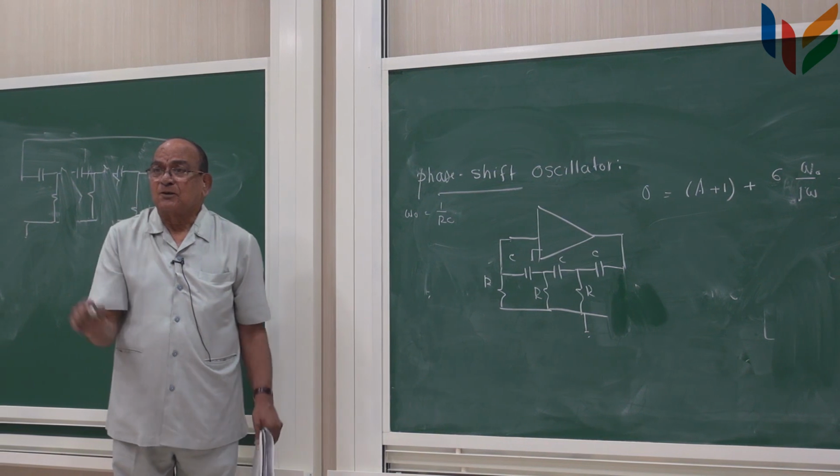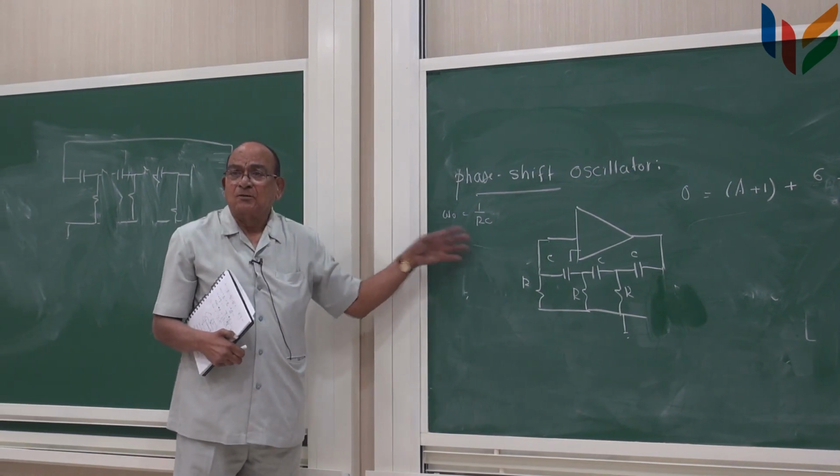This omega naught is the oscillation frequency, but I am just calling this 1 by RC as equal to omega naught.